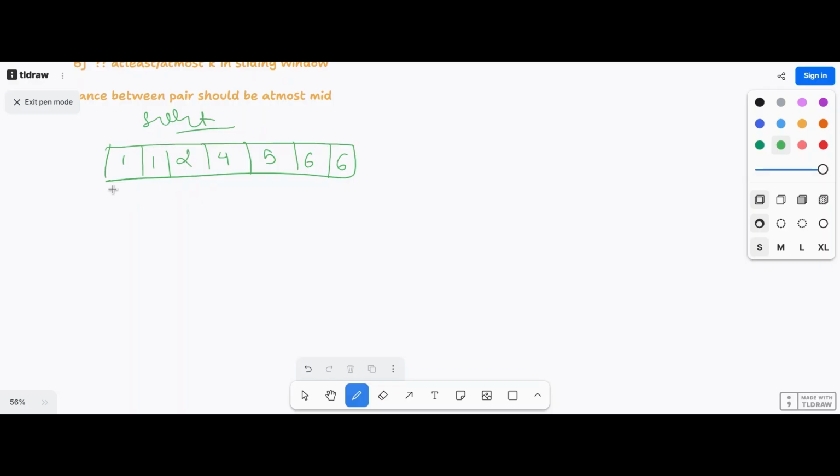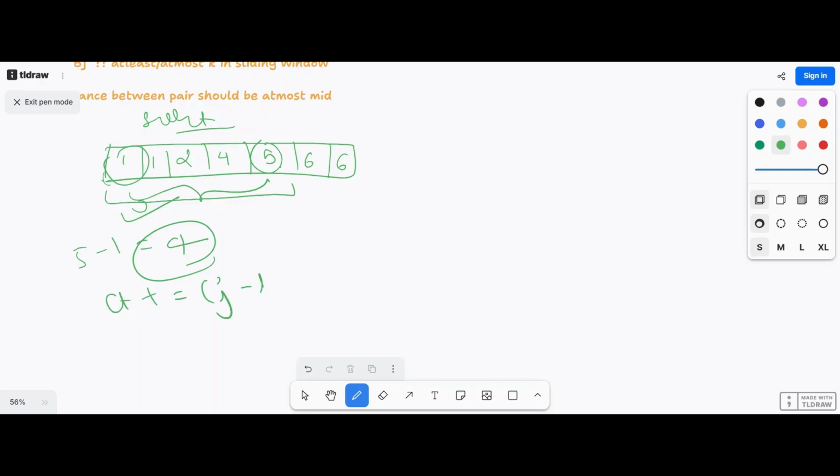Why sorting? Because in sliding window, if we have found the pairs between 5 and 1, then all such pairs in between should also lie. So there is one condition that the array should be sorted for this type of question, where if we have found that between 5 and 1 the distance is 4, then all the in-between ones will also be within 4. Then we can count it directly.